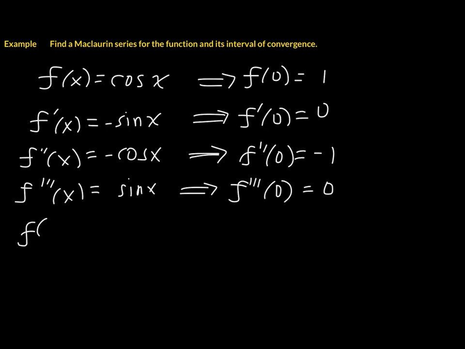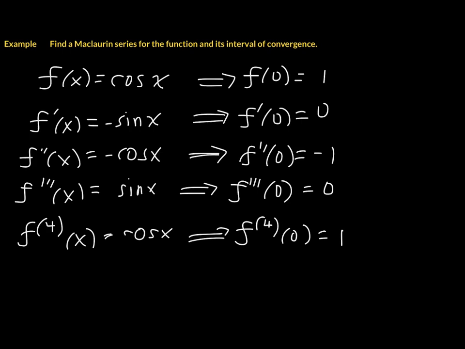And f quadruple prime, no, we don't say that. The fourth derivative of f is equal to cosine of x. And this is the original function that we started with. This fourth derivative of f evaluated at 0 is 1. I'm going to stop here and say etc. because we've noticed a pattern.